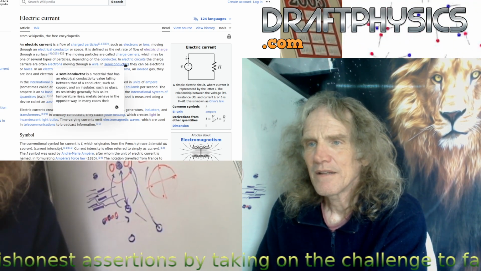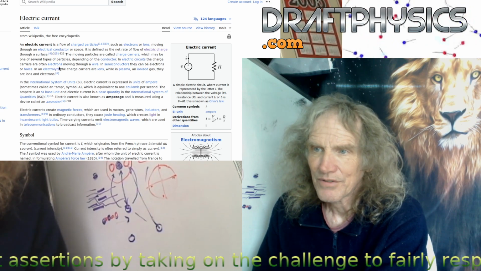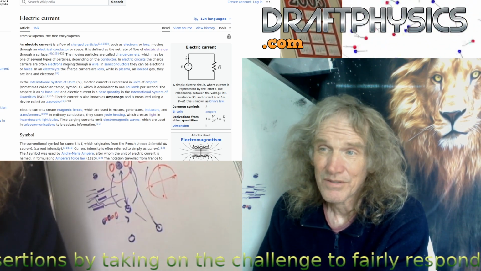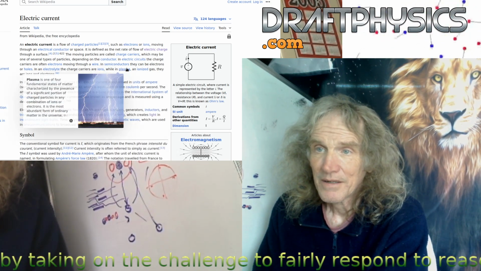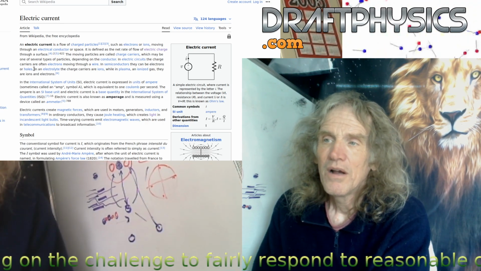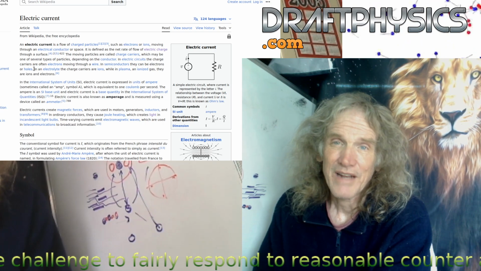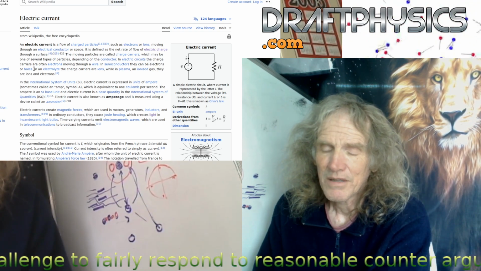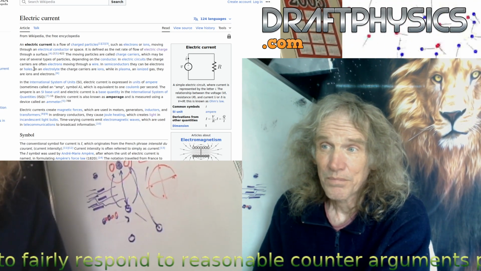All right, in electric circuits, the charge carriers are often electrons, so they're always electrons. It should pretty much be stated. Moving through a wire. In semiconductors, they can be electrons or holes, so theoretically, there's no such thing as a hole. You're just saying there's an absence of electrons, which means there is a place for electrons to stay if you provide some.